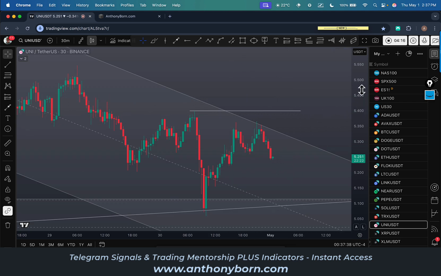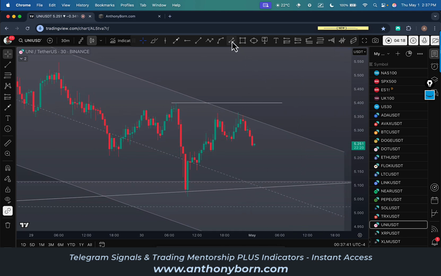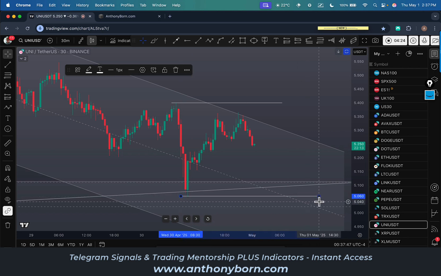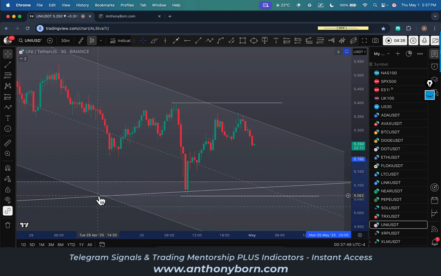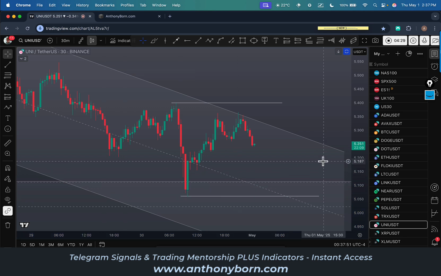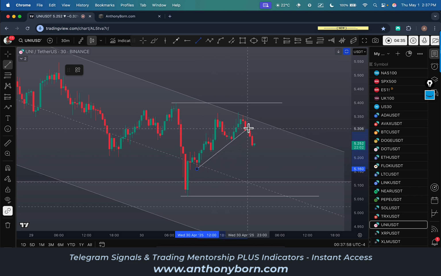So just keep an eye on this previous range, this high, this low, and follow price action. So I'll just take that out. Follow price action insofar as this now, break of structure, 30-minute.